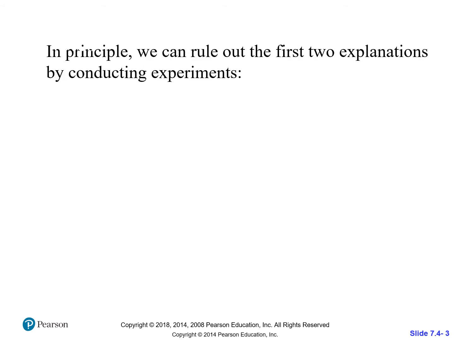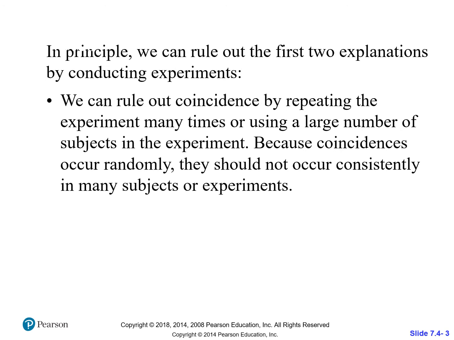So we can rule out the first two explanations by conducting experiments. If you're in a situation where you cannot conduct an experiment, then it's going to be very difficult ruling out those first two. So we can rule out coincidence if we repeat the experiment many times using a large number of subjects. The higher number of trials, the more likely you're going to establish this isn't just coincidence.